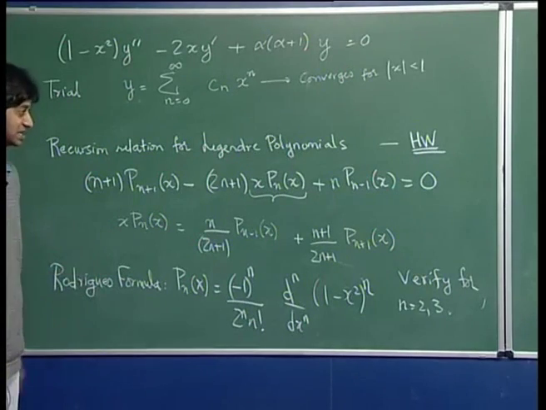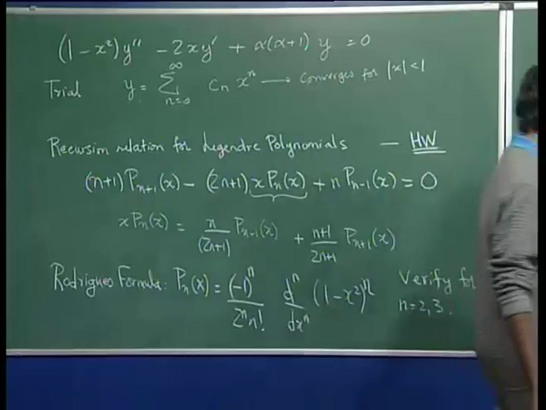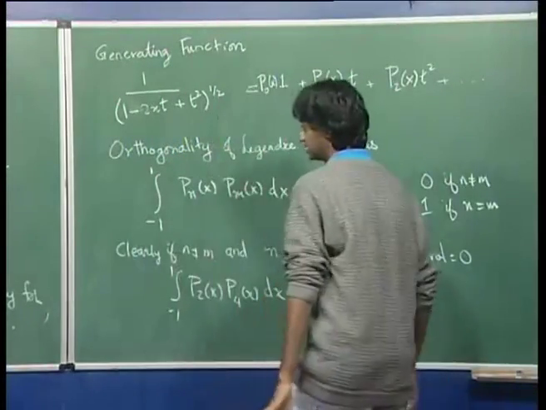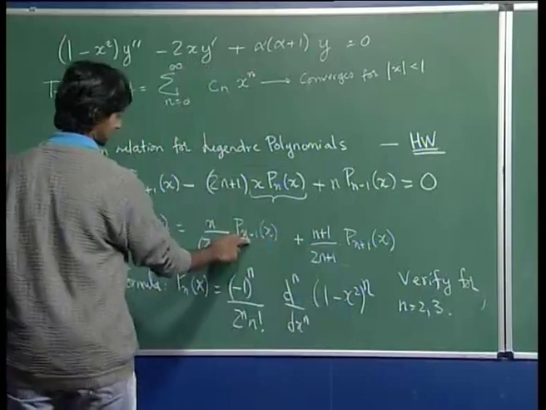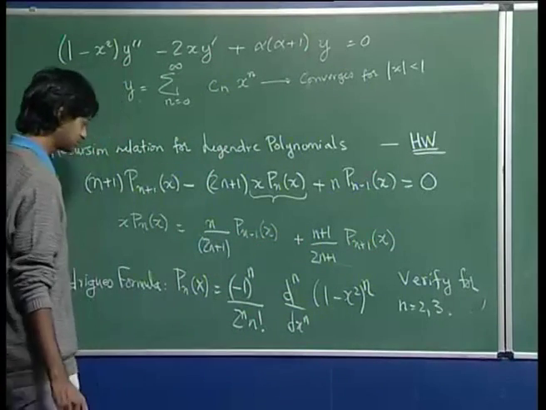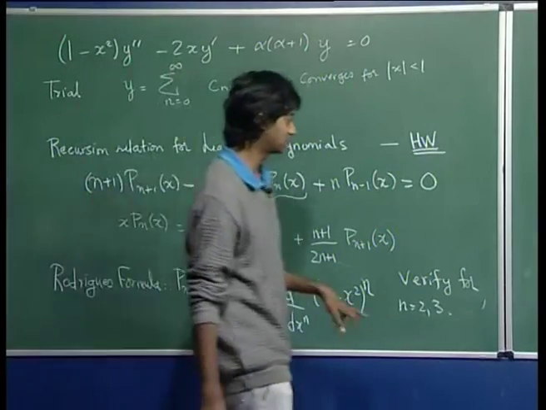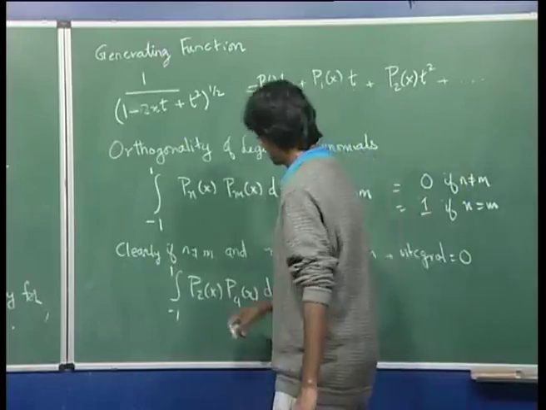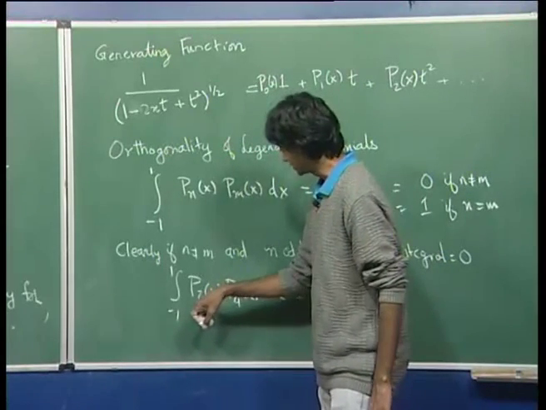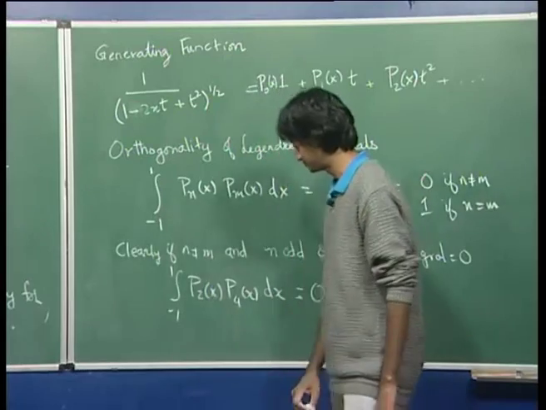You can use a relation like this. So you can write one of these in terms of p n minus 1 and p n plus 1, and each of those integrated with this will give you 0.